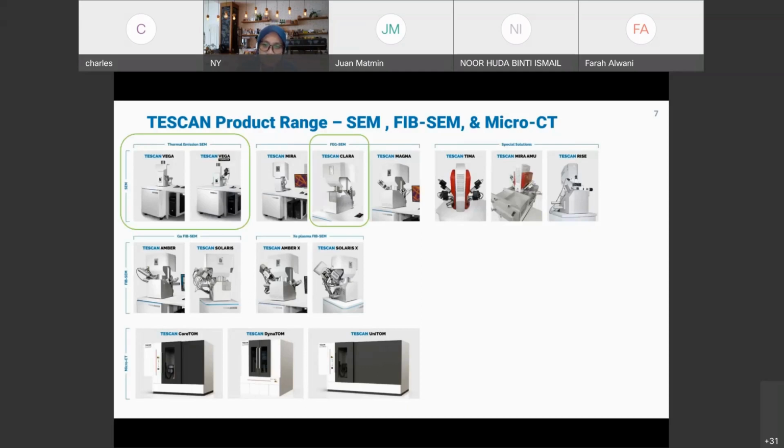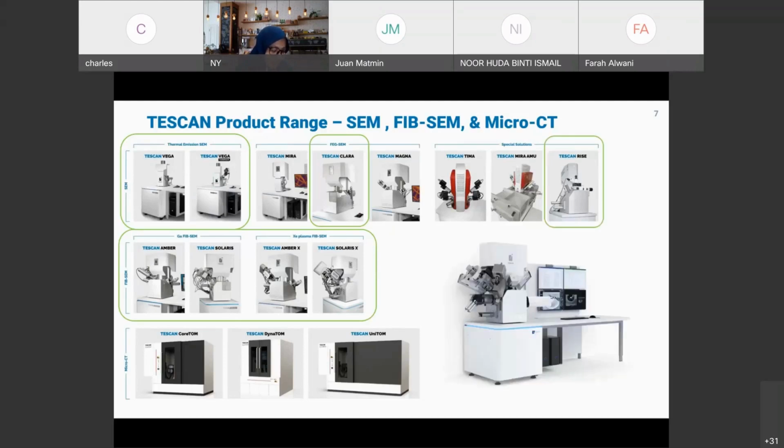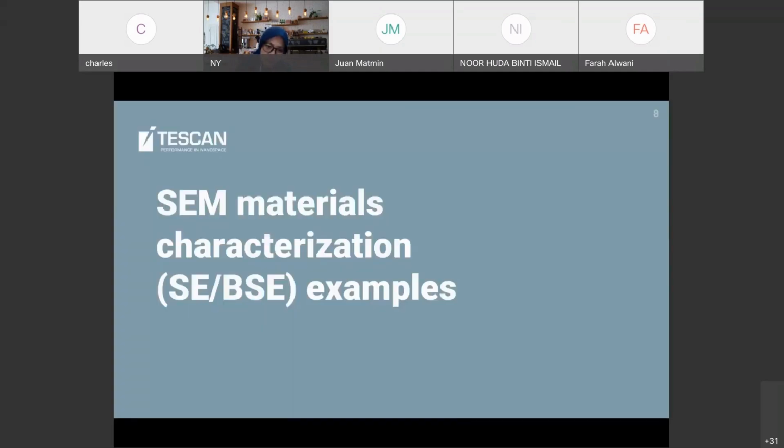This is by TESCAN Clara. Then we have FIB SEM, the dual beam, highlighted here in the center image. Of course, we have Raman SEM, and this is the Christmas tree. Worry not, we'll go through them one by one.